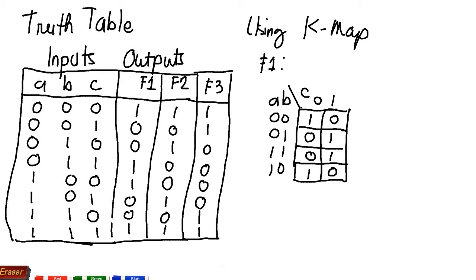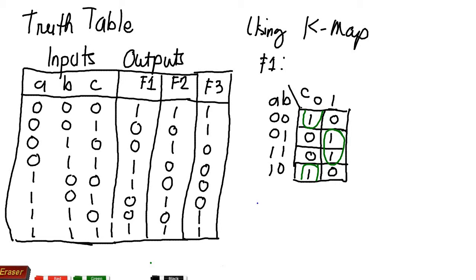The next thing to do is group all our ones. This could be your first group, and this could be your second group. After grouping, we're now going to solve.